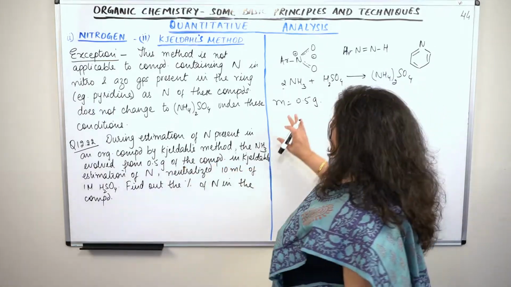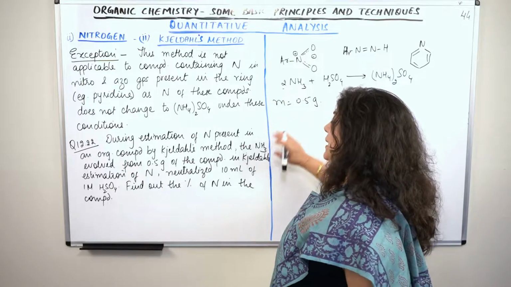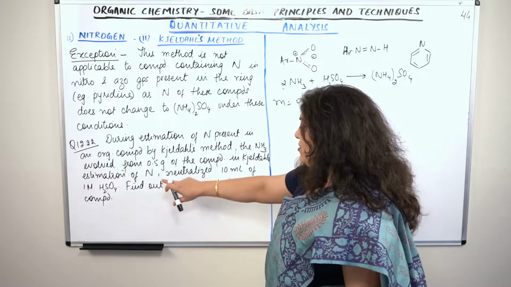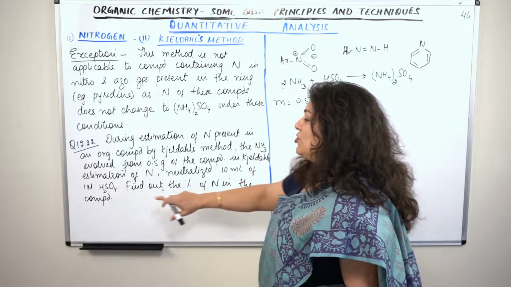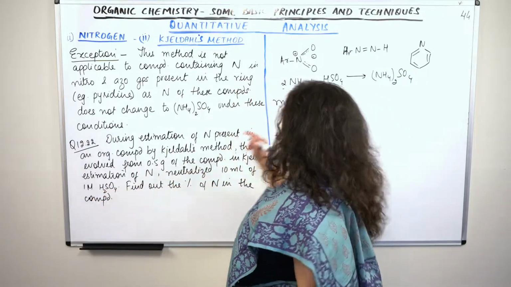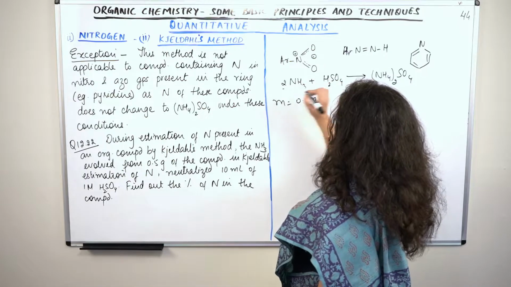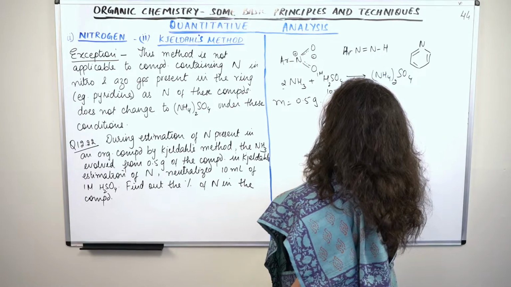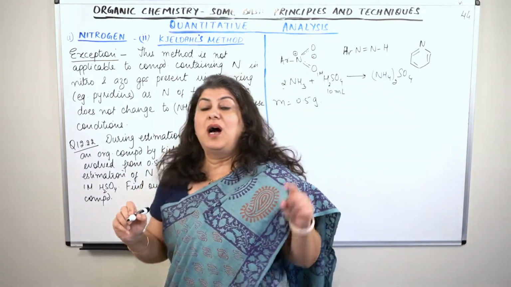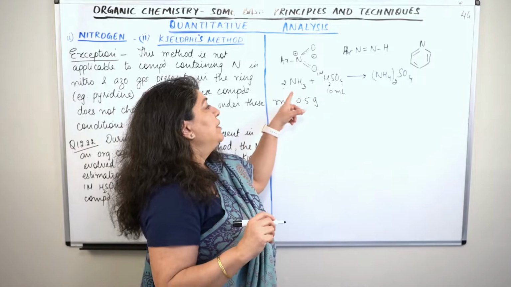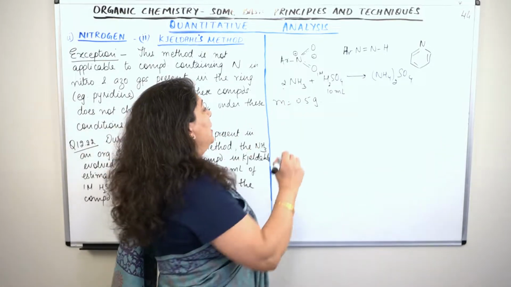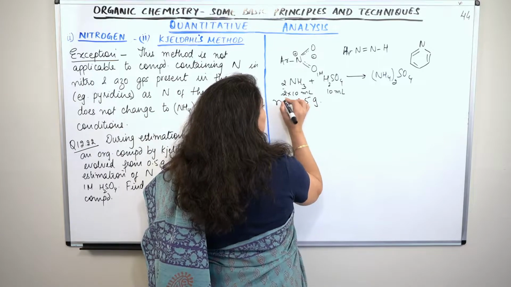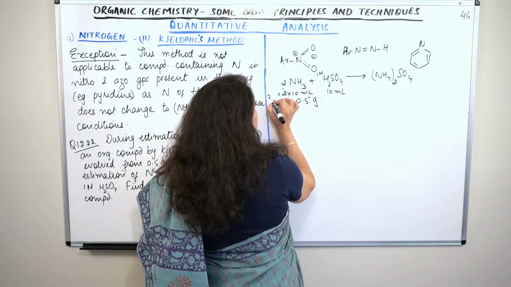So 0.5 grams is the original mass of the compound in Kjeldahl's estimation of nitrogen. The nitrogen neutralized 10 milliliters of 1 molar H2SO4. So 1 molar H2SO4 was 10 ml. If it was 10 ml, how much ammonia would have been used up? It would have been twice of this, so twice 10 ml, which is equal to 20 ml.